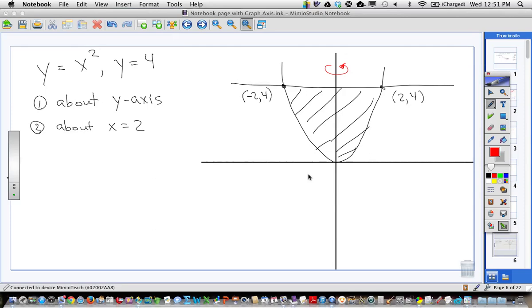If your axis of revolution is vertical, then your strips have to be horizontal. They're always perpendicular, because the slices are always taken with cross sections perpendicular to a certain axis, or it's revolved about a certain axis. So this has got to be perpendicular. So we have to do horizontal strips.